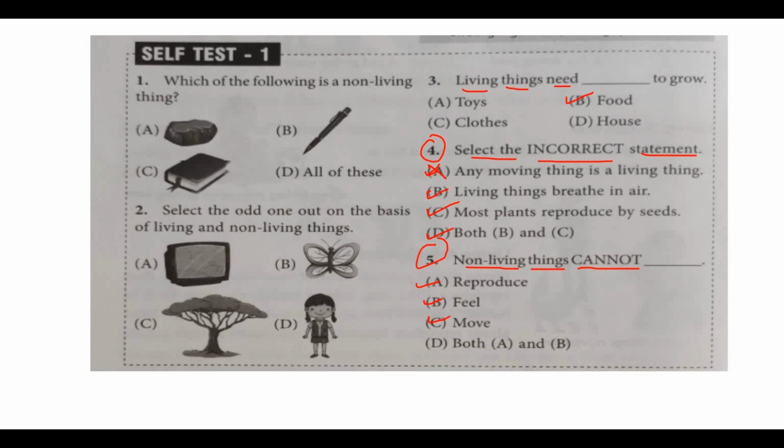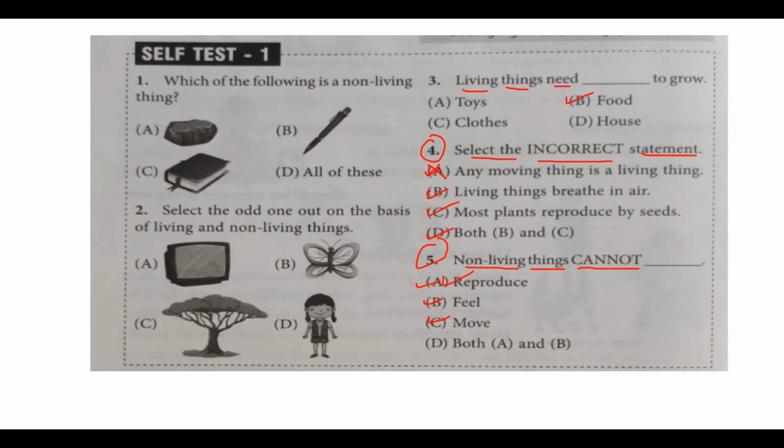Non-living things cannot reproduce, cannot make their own kind. For example, a water bottle cannot make its own kind of water bottle. It has to be produced in the factory. And a bottle will not feel hurt or any kind of pain, so it will not reproduce and will not feel.